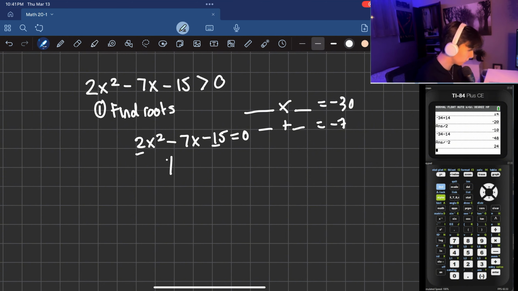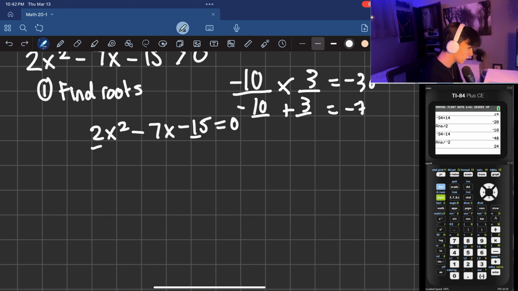Just remember, when we have a negative sign, our bigger factor is going to be the one that's negative. So in this case, I think we're going to have negative 10 and 3, negative 10 plus 3. And notice how the negative 10 is bigger because we have a negative in front of our second sign.